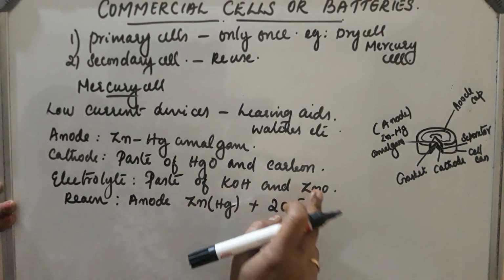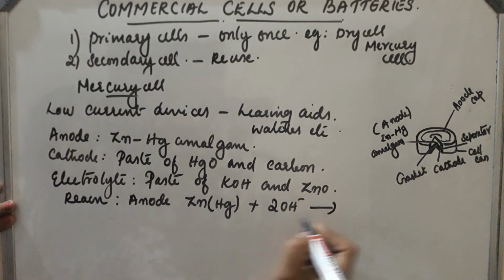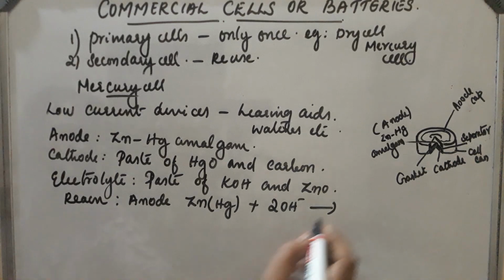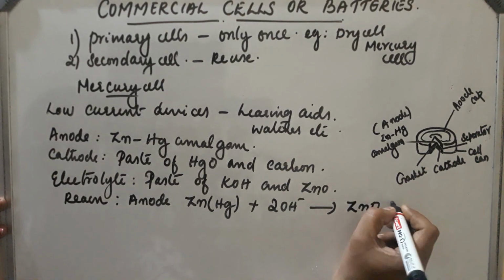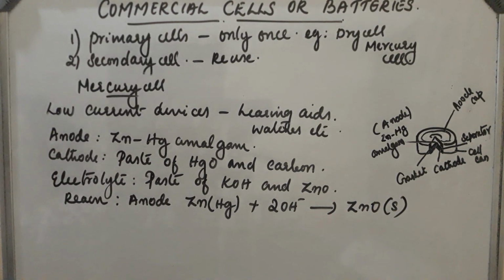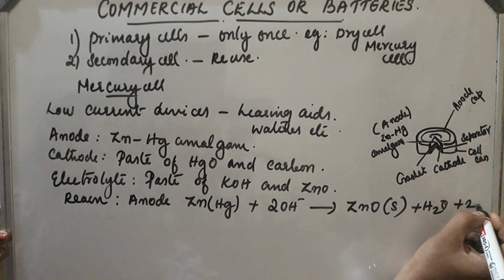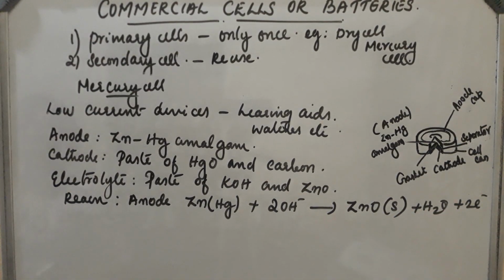Because potassium hydroxide and zinc oxide is present, OH- is present, and the zinc amalgam reacts with OH- present in the electrolyte and forms ZnO, H2O, and 2 electrons are liberated.